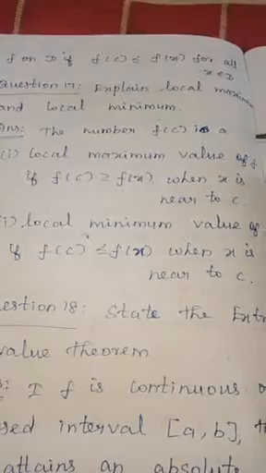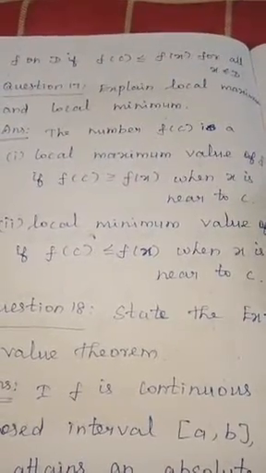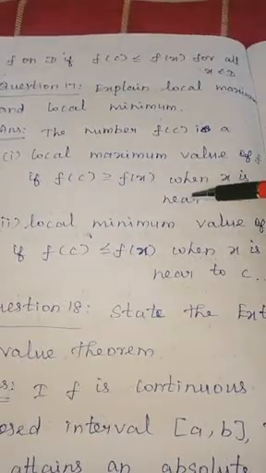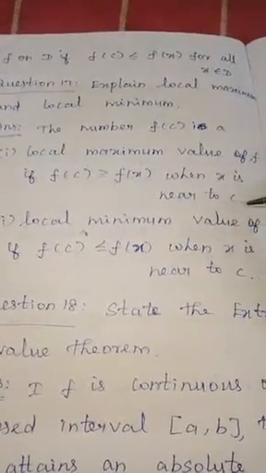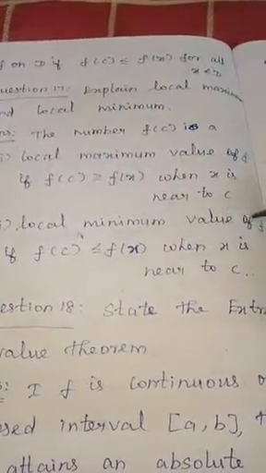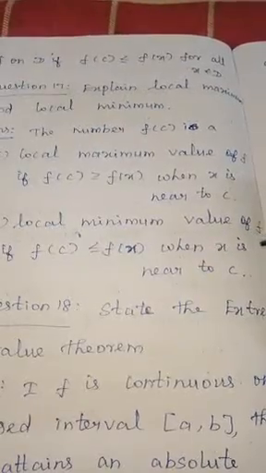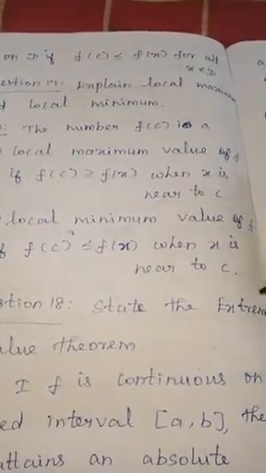The number f(c) is a local minimum value of f if f(c) is less than or equal to f(x) when x is near to c.